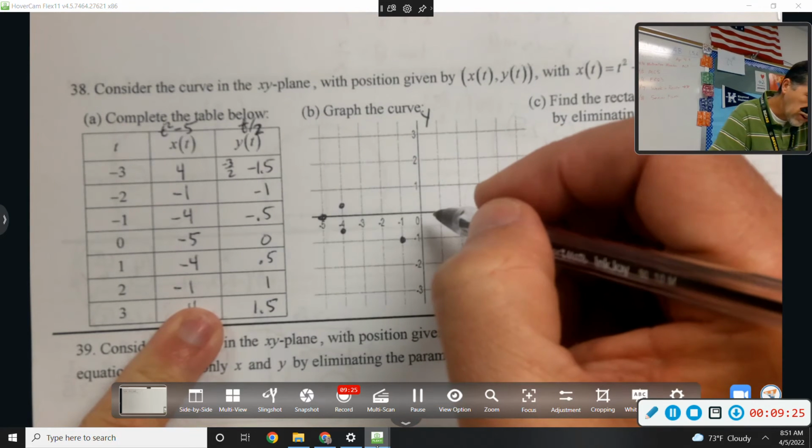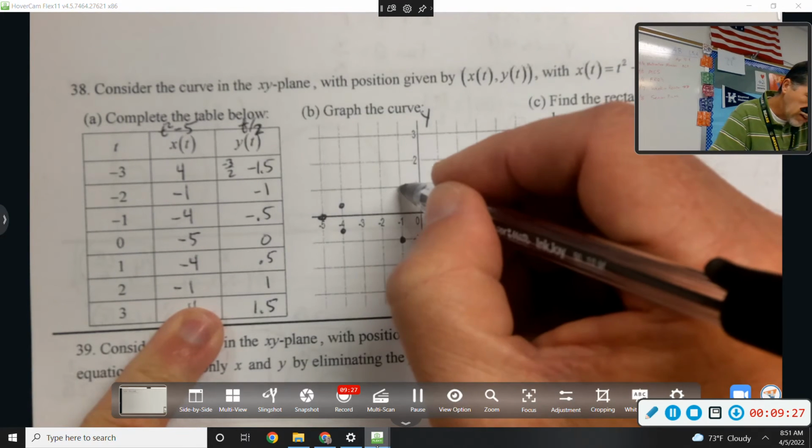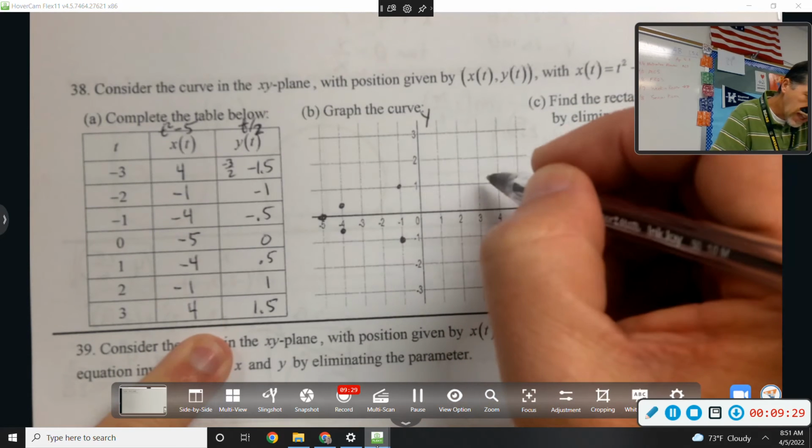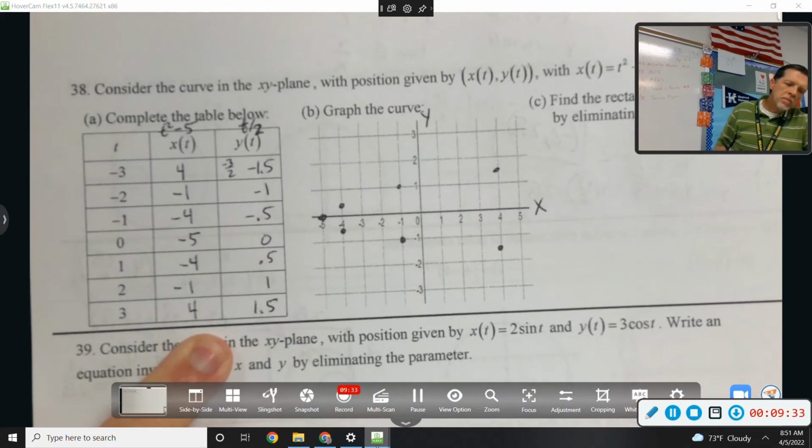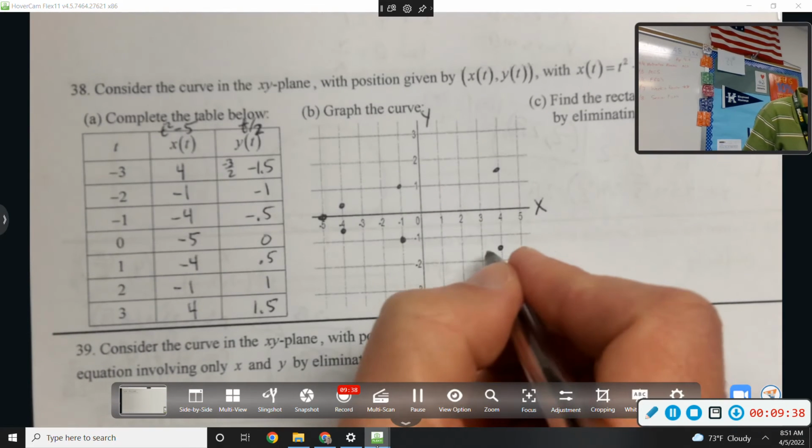Oh, there's some symmetry here. Negative 1, 1, and 4, 1.5. Okay, I think this is like a sideways parabola kind of thing.